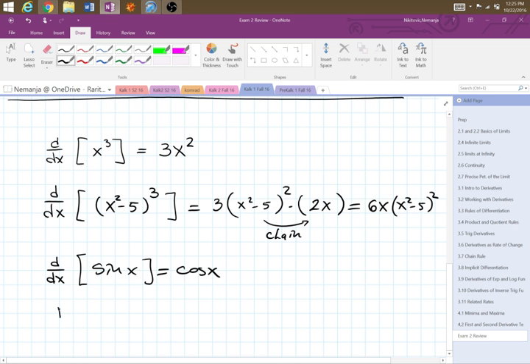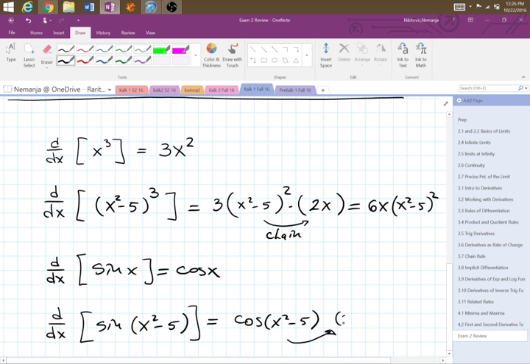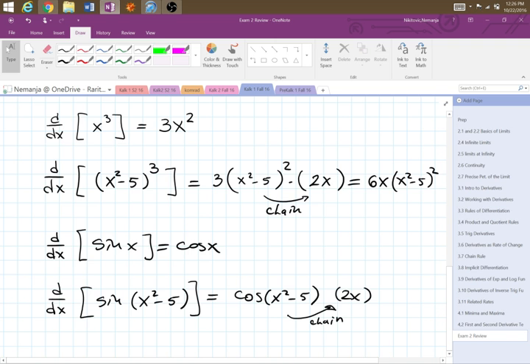Now, if I have the derivative of sine of (x squared minus 5), then there will be cosine of (x squared minus 5) times the derivative of the inside, which is 2x, as a chain, for a total of 2x cosine of (x squared minus 5).